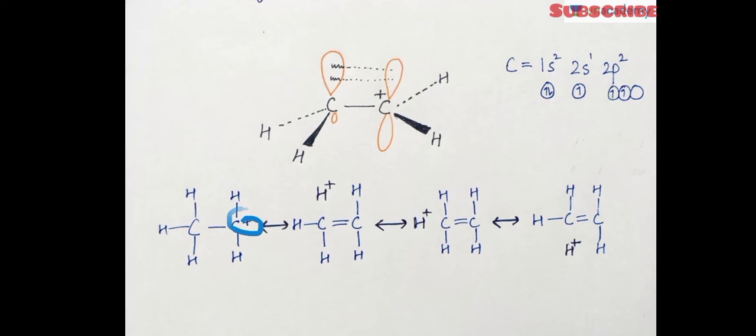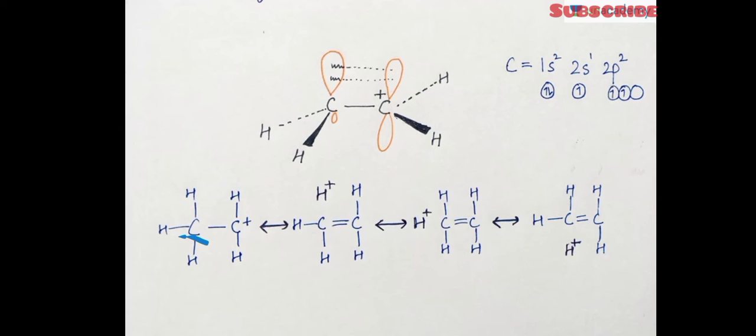Now what happens is, these sigma electrons will move towards the unshared p orbital of this carbon. As a result, a double bond will be formed between these two carbon atoms and we get an H+ ion here.